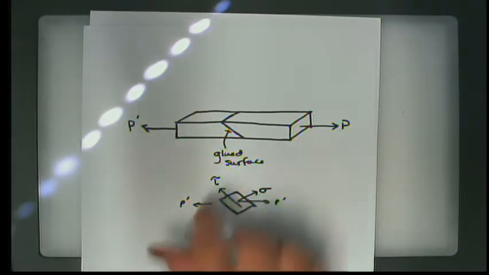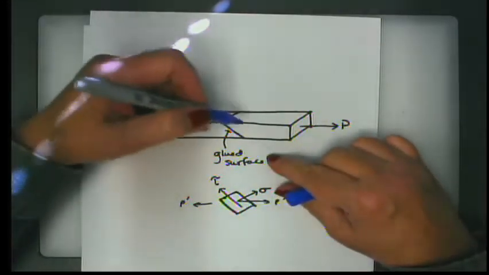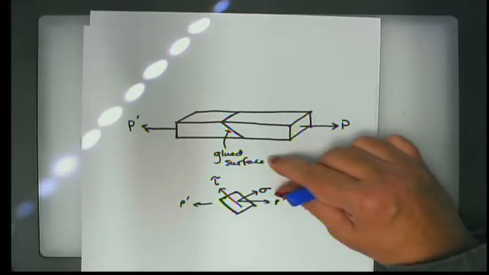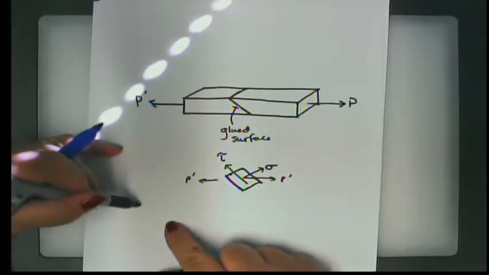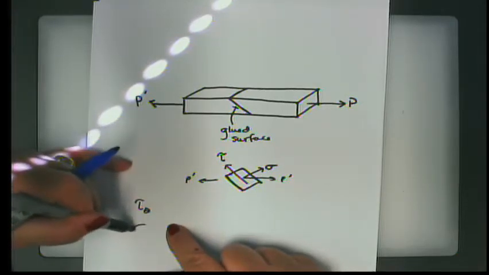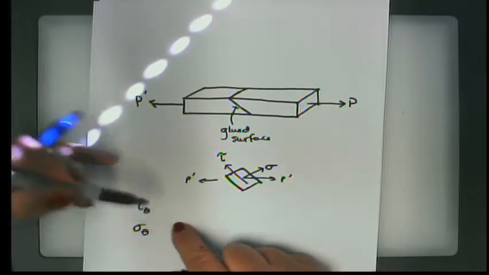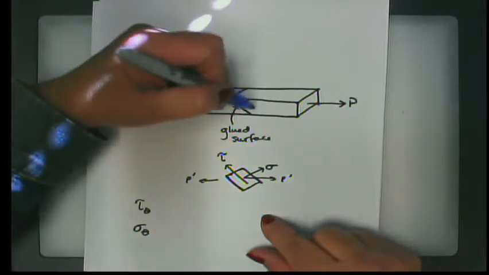All right, so going back to my original drawing, the first thing is, how do we do this analysis? What is tau at some angle, and what is sigma at some angle? The first thing that we have to do is to define what that angle is.